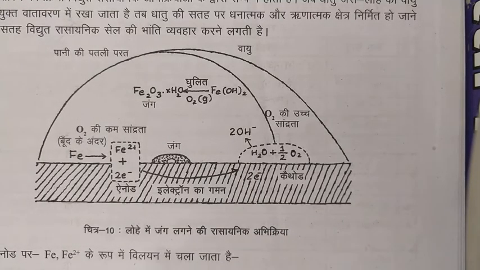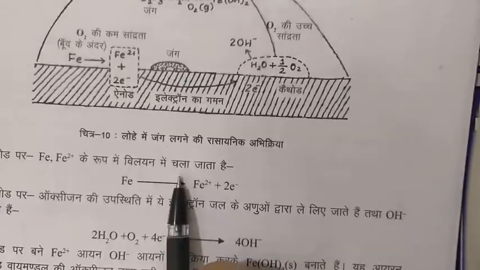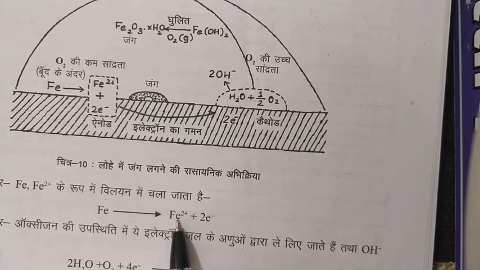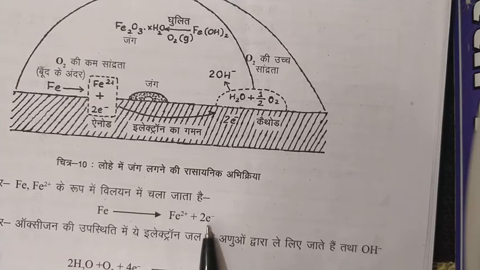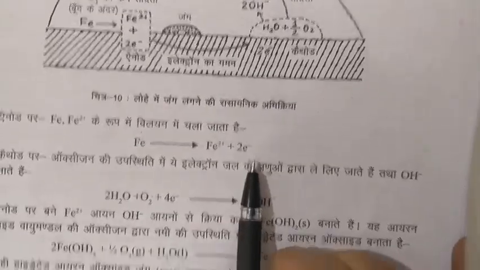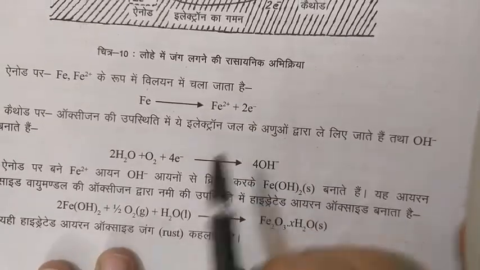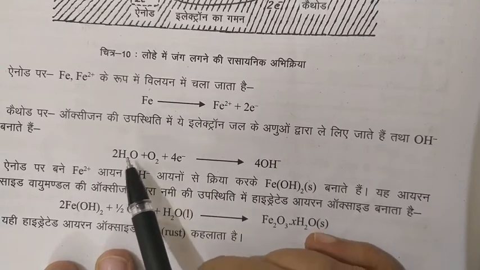Now what is happening at the cathode and anode? At the anode, Fe gets converted into Fe2+ and releases 2 electrons. What will happen with these 2 electrons? These 2 electrons are taken up by water.